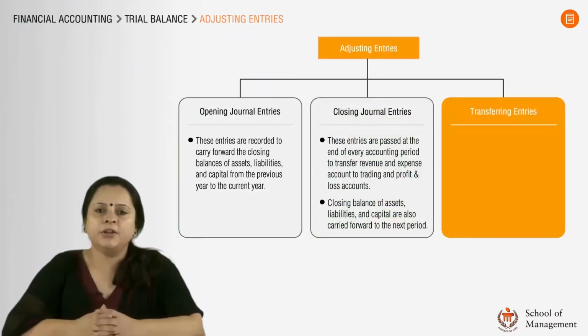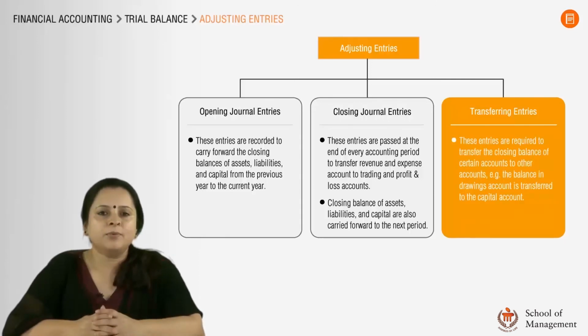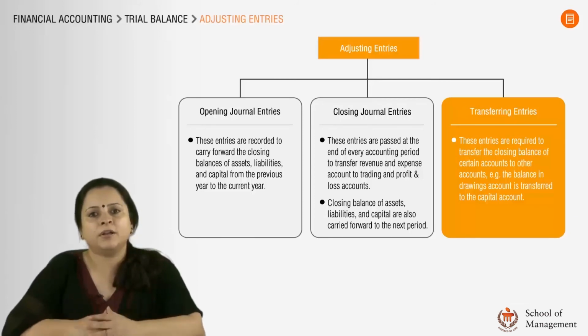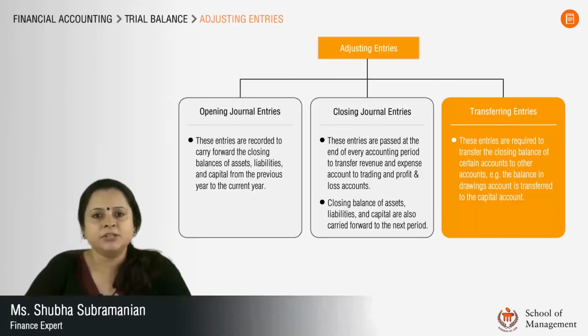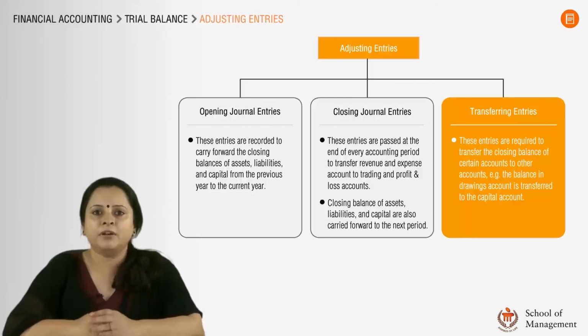The third category of accounting entries are known as transferring entries. These entries are required to transfer the closing balance of certain accounts to other accounts. For example, the balance in the drawings account has to be transferred to the capital account at the end of every accounting period.